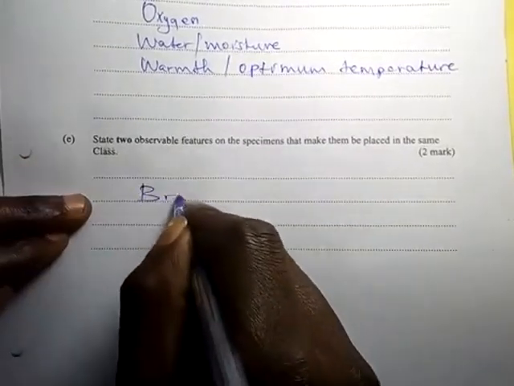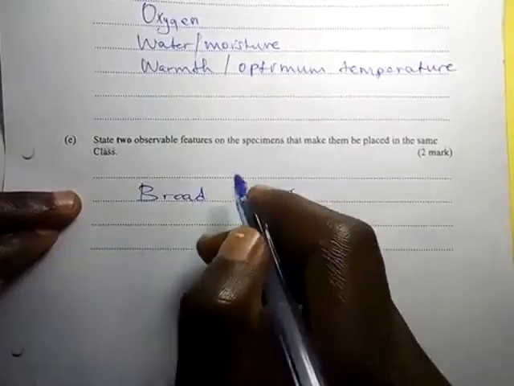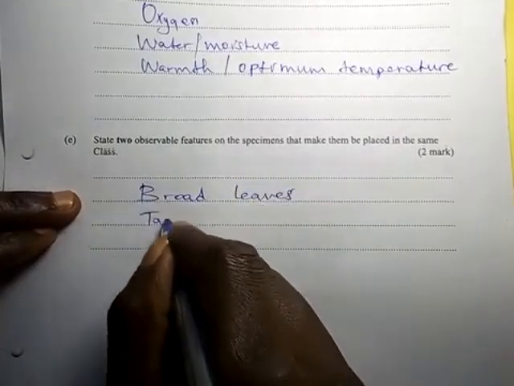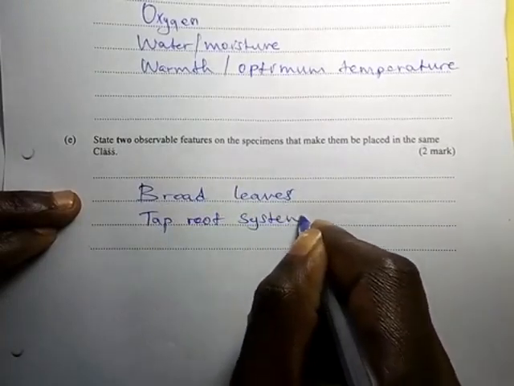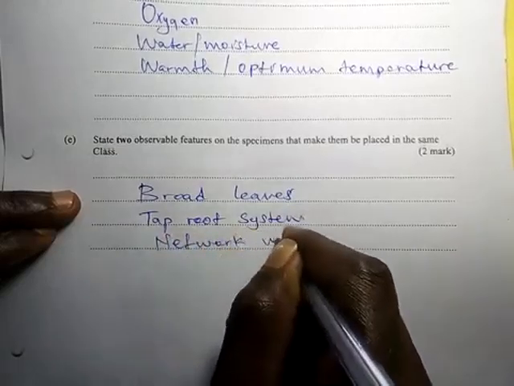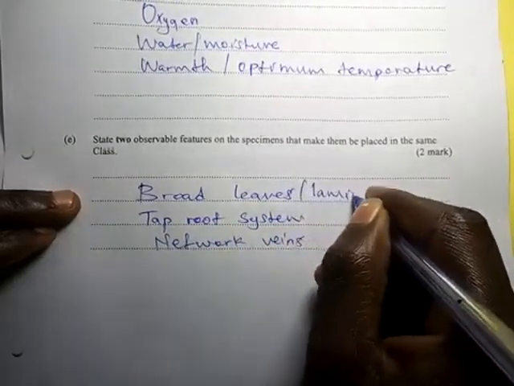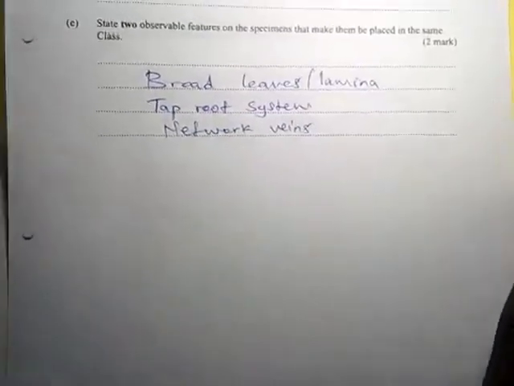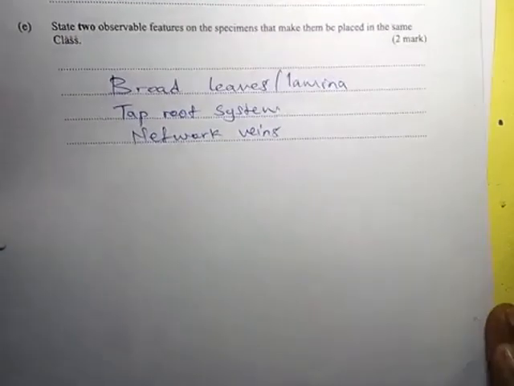They had broad leaves, taproot system, network veins, broad leaves or lamina. In short, these specimens are from class Dicotyledonae. Now the paper is over. Thank you.